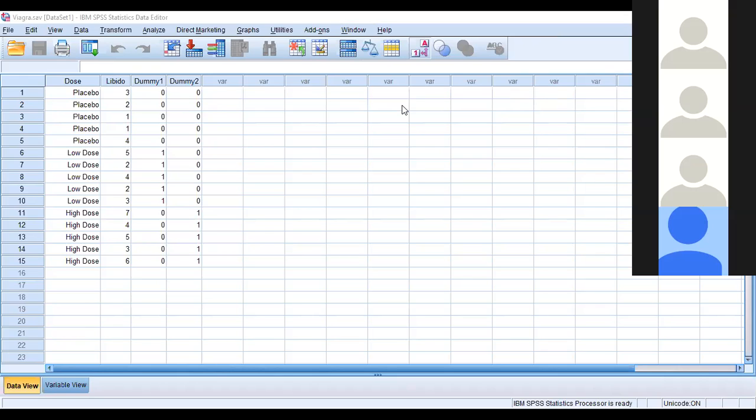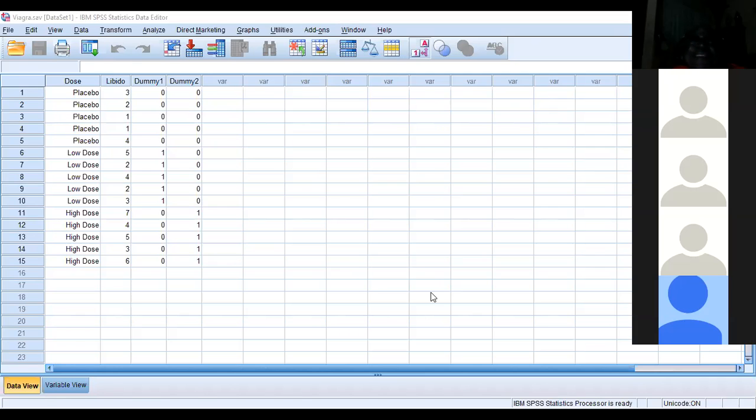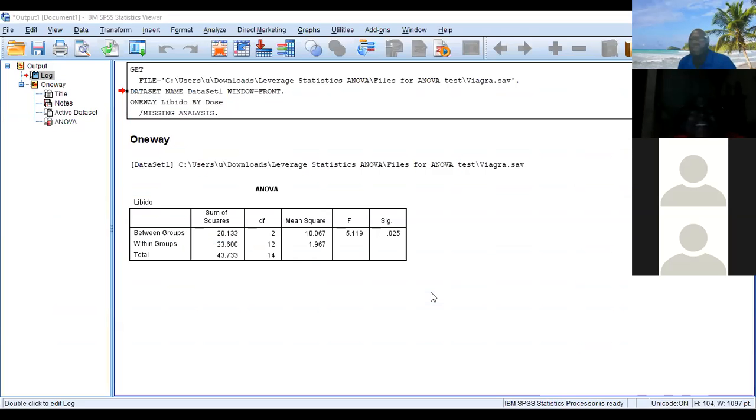It's you that should stop sharing. When you want to share now, don't go and click on this other window. Go and click on the result. Double click on the result. So that's shown us the result now. Everybody is seeing the result.